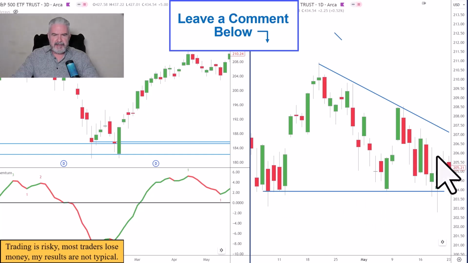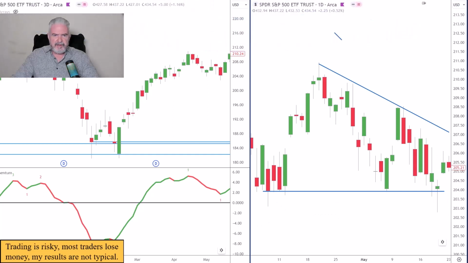But as we get to right here, we see that, first of all, we had the wick that rejected these lows and pierced below that. That's where your breakout traders are going to get fooled and lose their money. It comes back up. Okay, get this bar here. Now we're still inside the triangle. That's where I take the trade. That's where I buy, because now I've got momentum on the longer time frame.